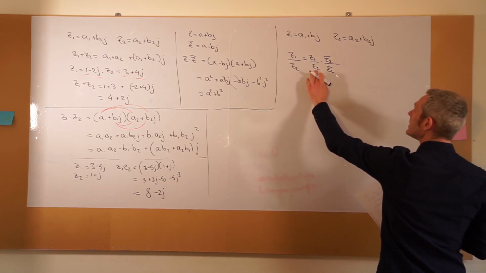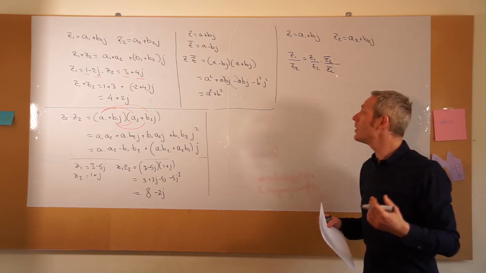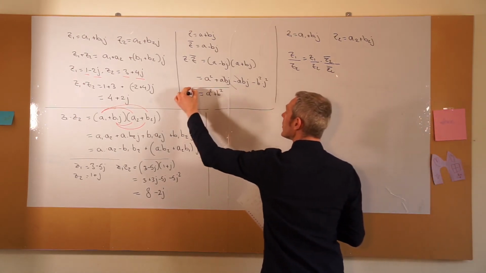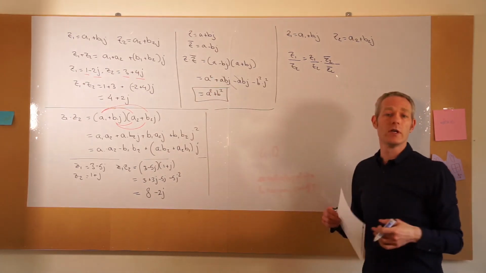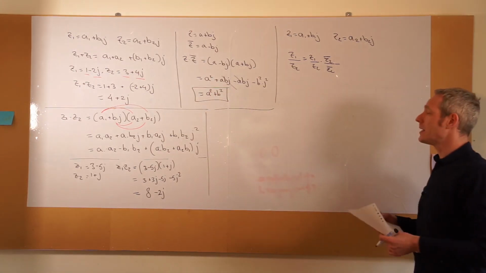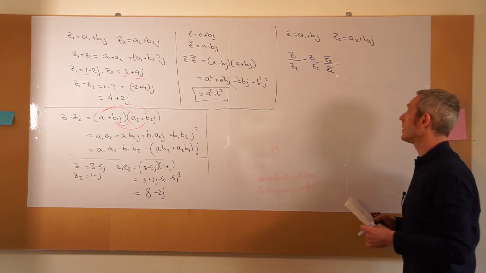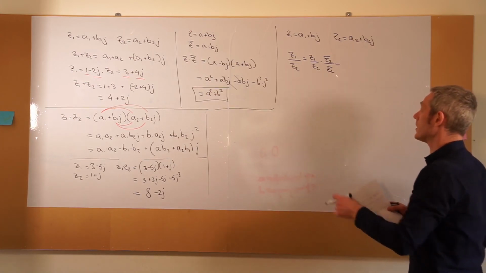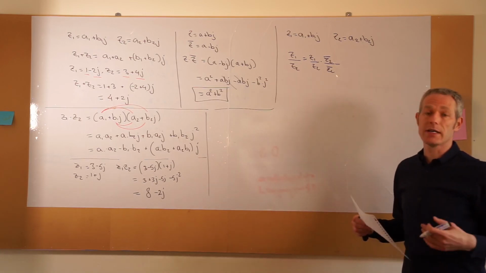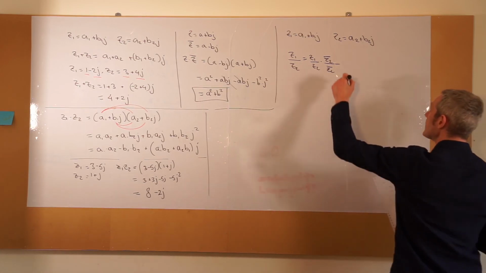And by multiplying Z2 by its complex conjugate, we know we get a real number, because that is the result we had. Here we have no J term, no imaginary term. So we will end up with a nice number without any imaginary part in the denominator.